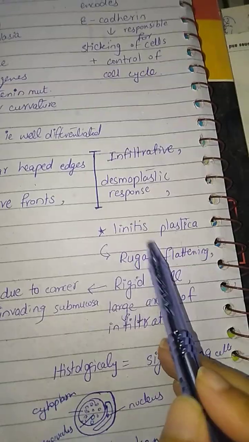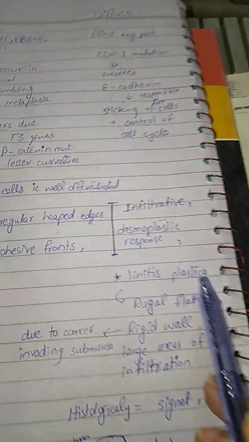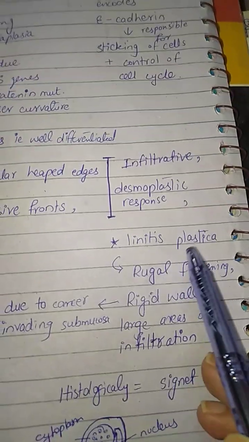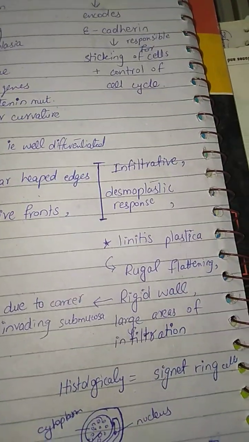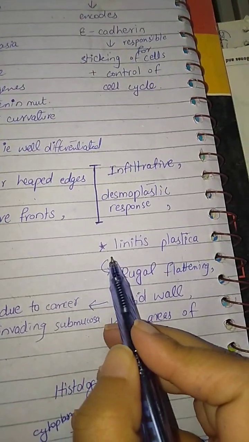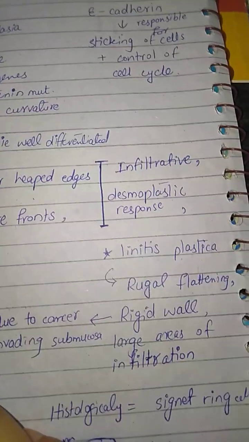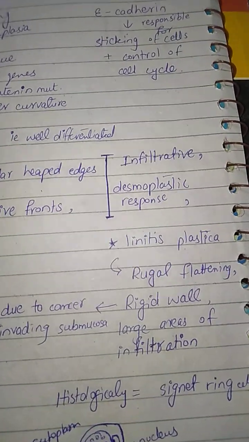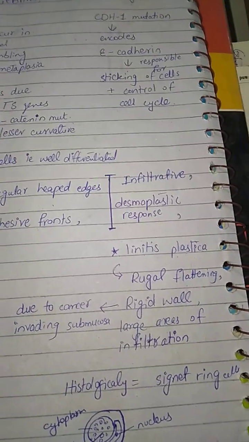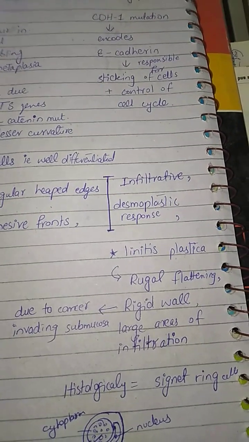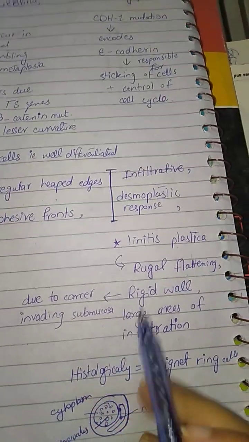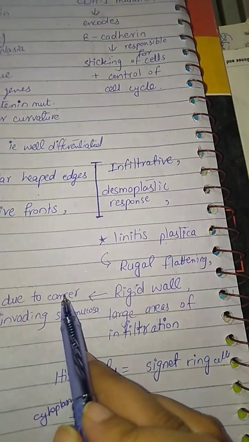The morphology in diffuse type starts resembling Linitis plastica, which means leather bottle. That means the diffuse type of cancer will start resembling a leather bottle.